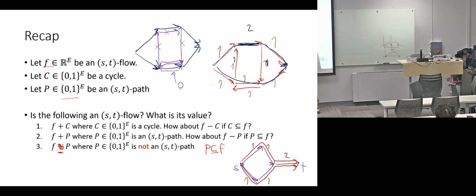If it starts at a node V, and it's a VT path, after subtracting P, then at V the flow will not be conserved.